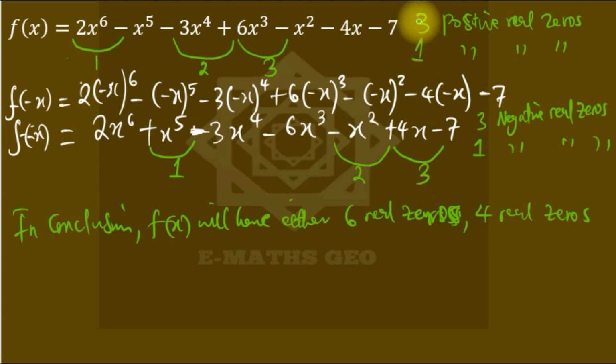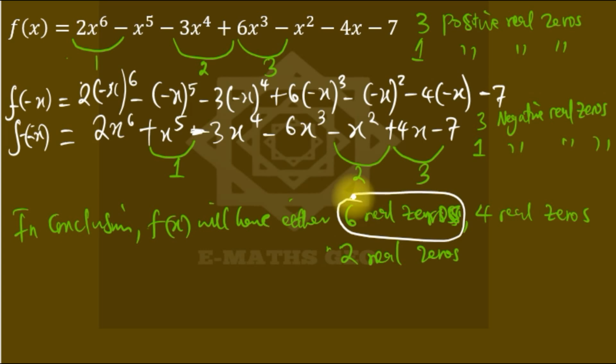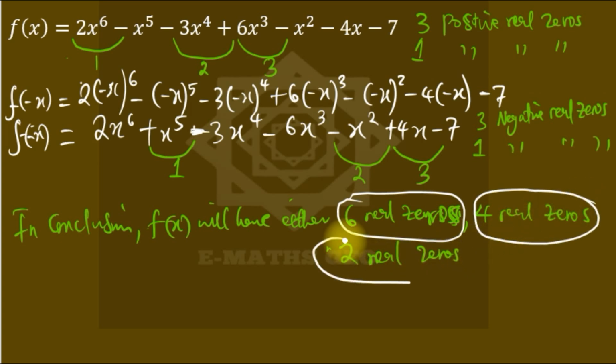With 1 and 1, that is 2 real zeros. So these are the possible real zeros: either 6 real zeros, which means no complex roots, or 4, which means 2 complex roots, or 2, which means 4 complex roots. These are the possible real zeros that f(x) will have. Thank you.